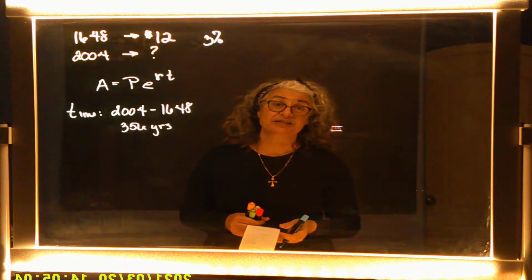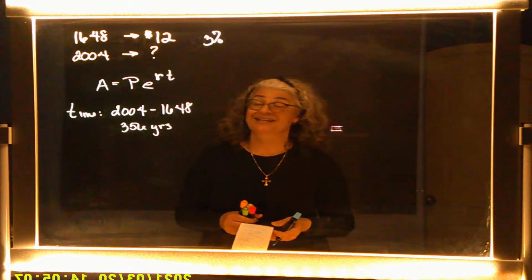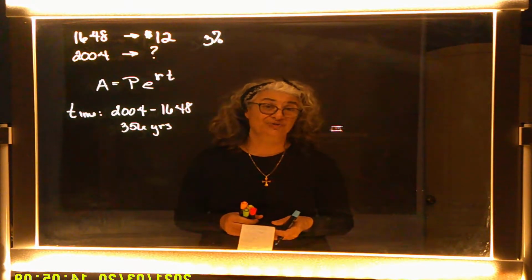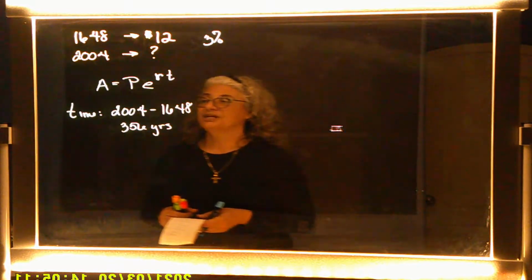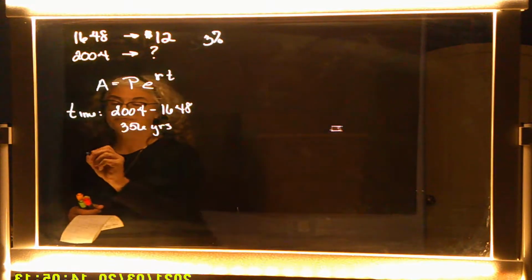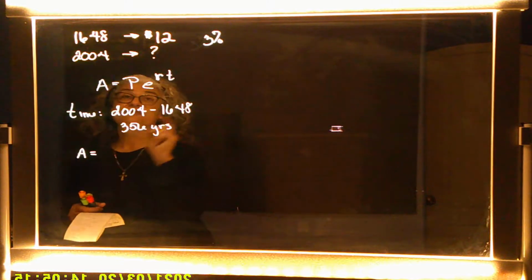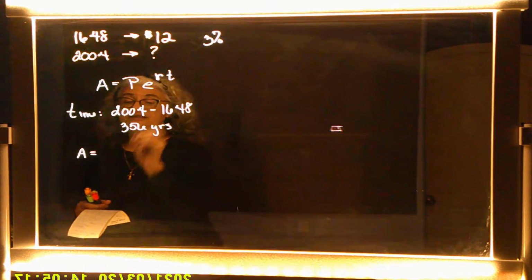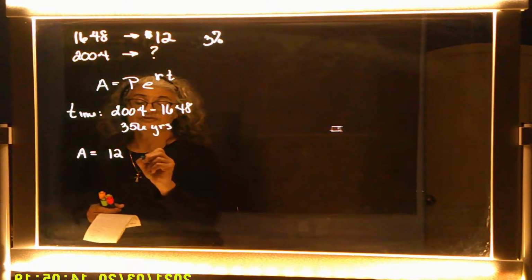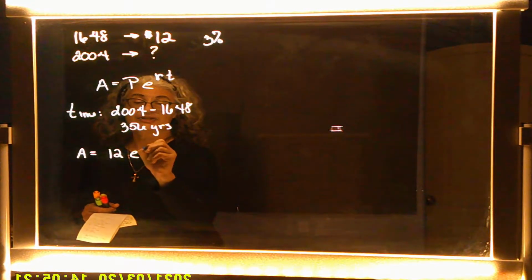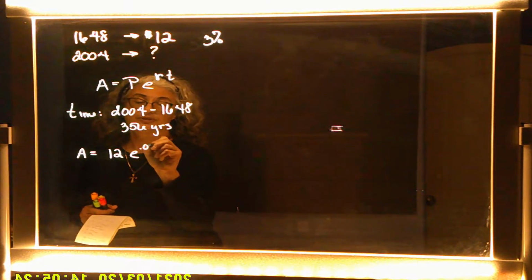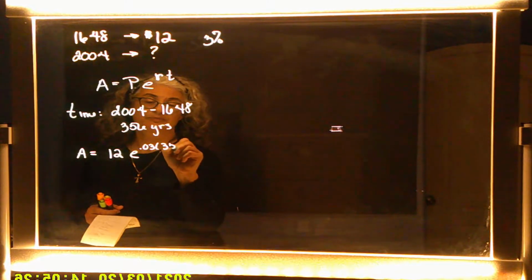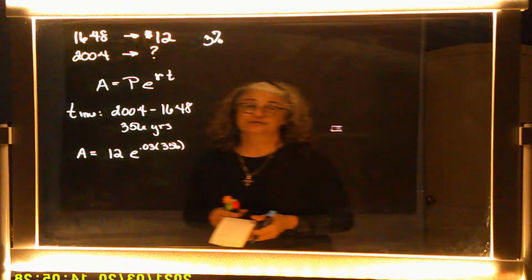That's a long time for the money to be put in the bank. That is a, hey, we're going to will this to the next generation type of thing. All right, so our ending balance is going to be found by the initial amount, $12, multiplied by e to the, good, 0.03, multiplied by 356 years.